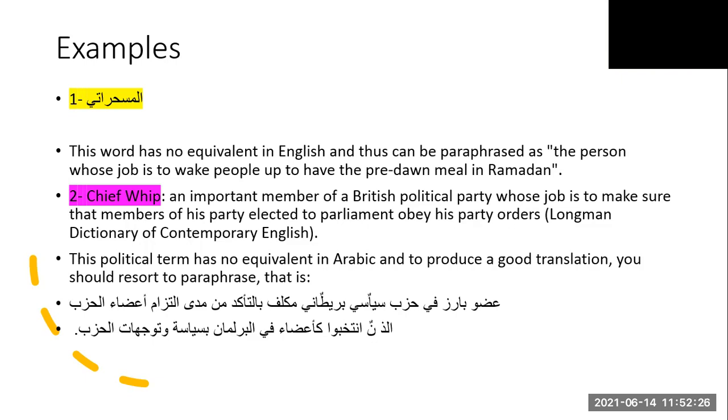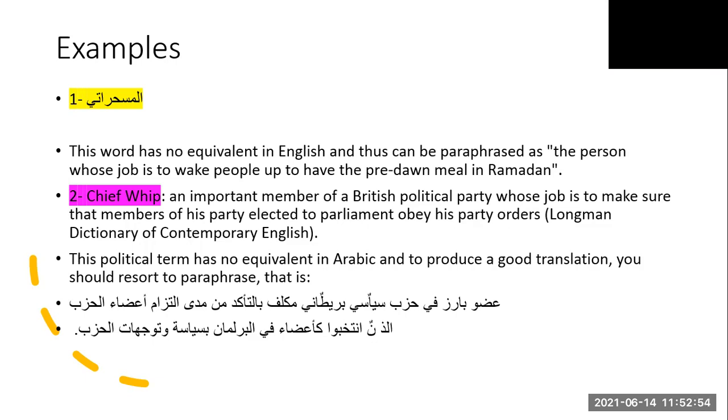شرح, نشرح. But of course you do this with a word that does not have an equivalent. Let's take an opposite example. A word in English. You can see it. The one I have highlighted in pink. Chief whip. What is the meaning of chief whip?